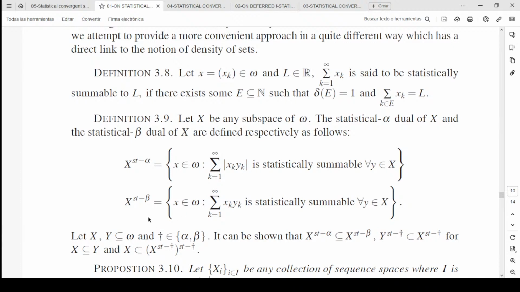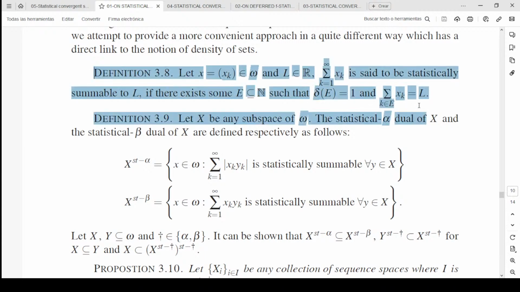And we say that the statistical beta dual of X consists of sequences such that for each y from X, the product of xk and yk is statistically summable within this sense.